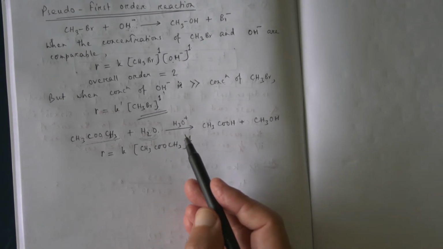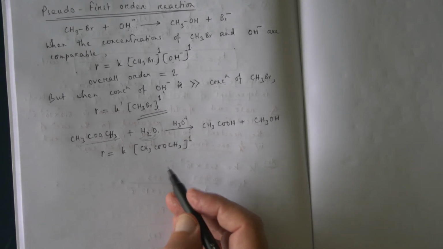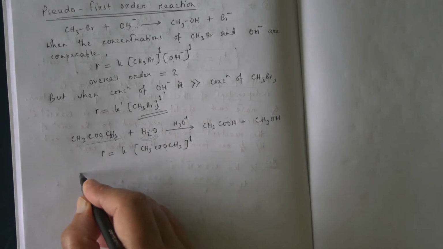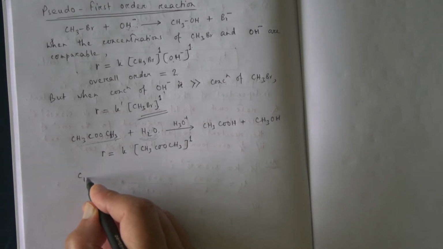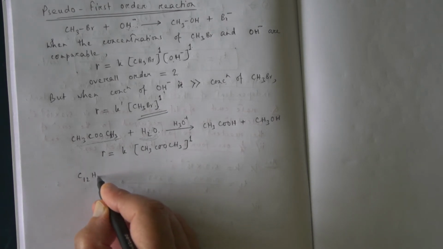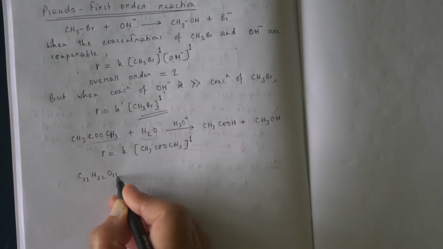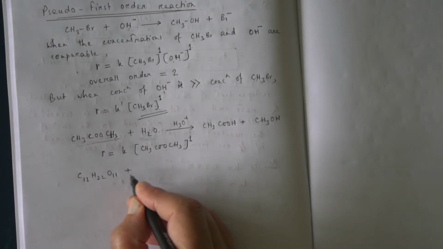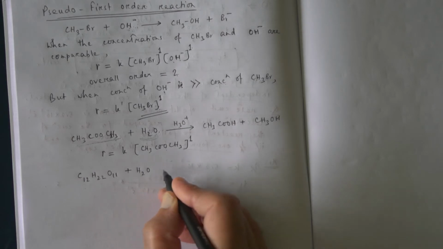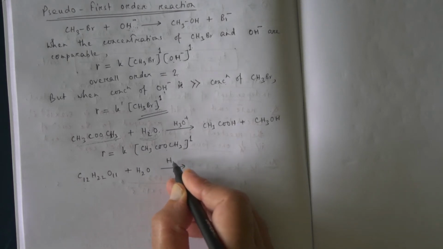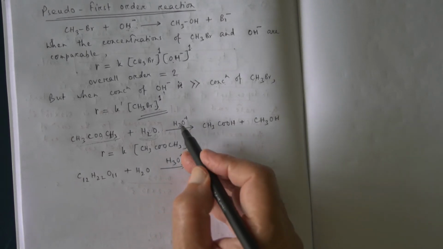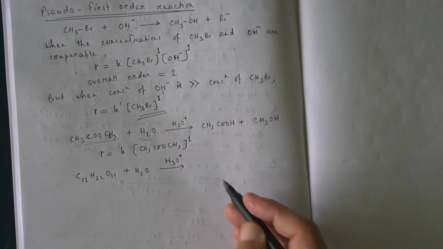Another reaction may be this: C12H22O11. This is sucrose, hydrolysis of sucrose in presence of acid. H3O, hydronium ion. Hydronium ion means acid.